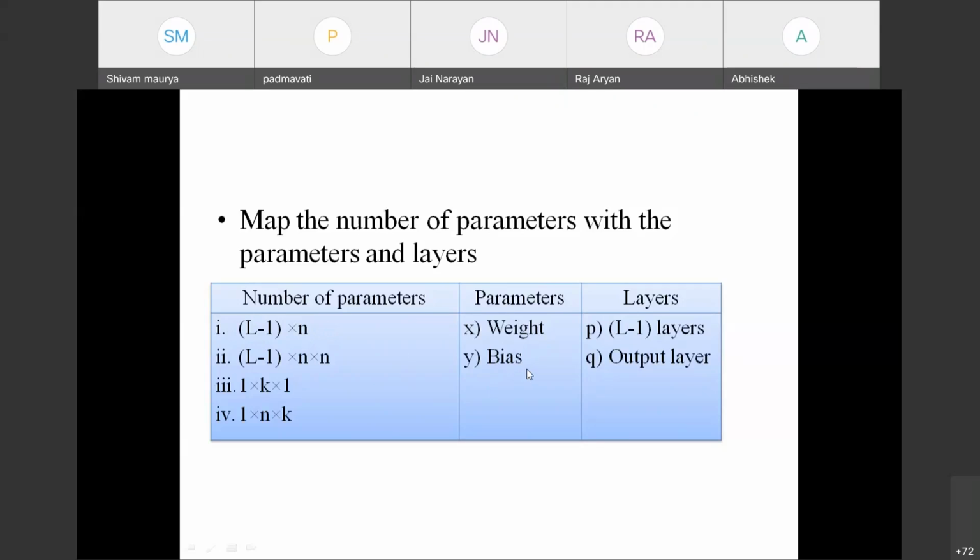But let us try to get it first with the help of this dimensionality. Does this dimensionality represent weight or bias with respect to hidden layers, because this itself is indicating hidden layers, right?